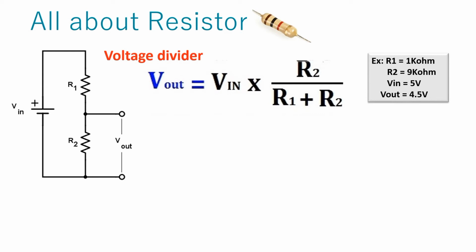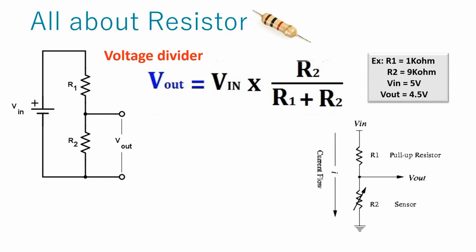It will be 4.5 volts. By using the same formula, the values of the resistors R1 and R2 can be derived if the output and input voltage are known. If we use a variable resistor in place of R2, then the output voltage will change with the change in value of resistor R2.